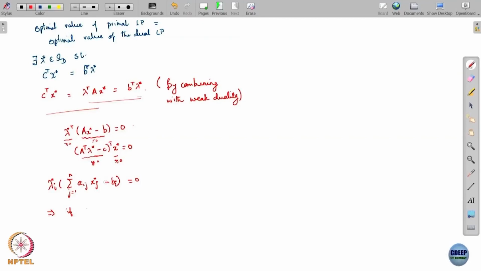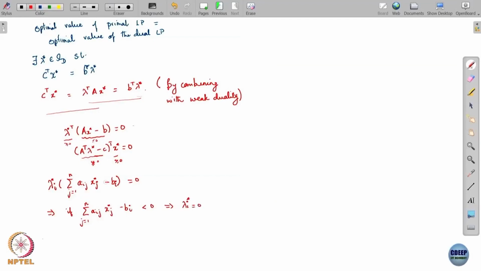If it is strictly less than 0, then the only way that you can have the product equal to 0 is that lambda star i itself is 0. Which means that if summation a_ij, j equals 1 to n, x star j minus b_i is less than 0, it must imply lambda star i equals 0.